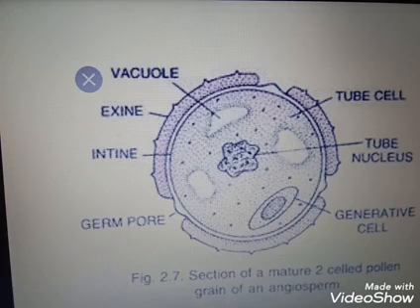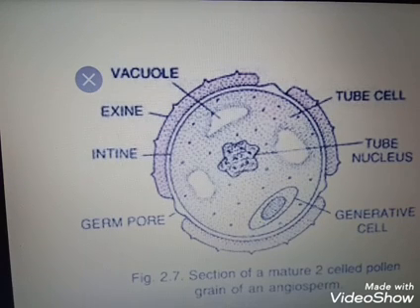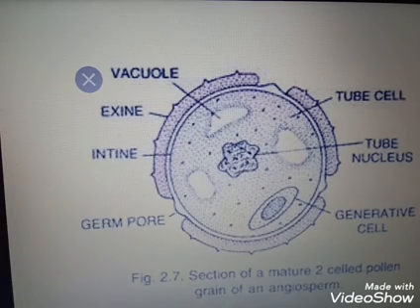In most angiosperms, they will be shed at this stage. But in others, as they mature, they have the ability to withstand the conditions. The generative cell gets divided into two. The generative cell gives rise to two male gametes. Soon after maturation, the pollen grains are shed at the three-celled stage.